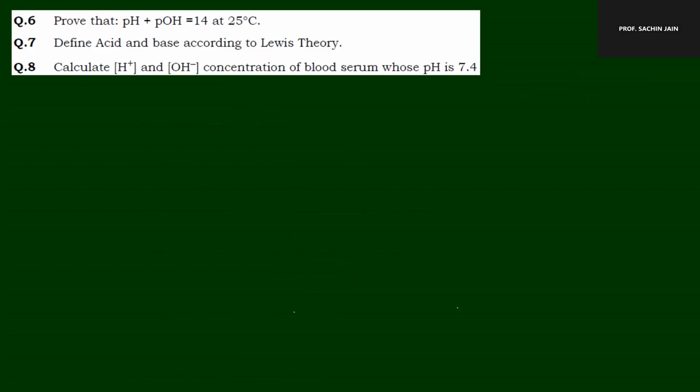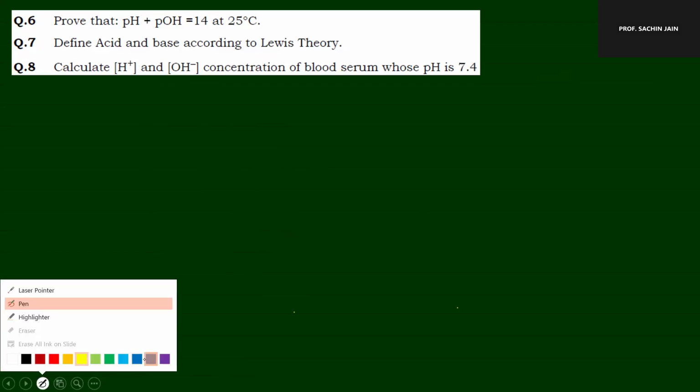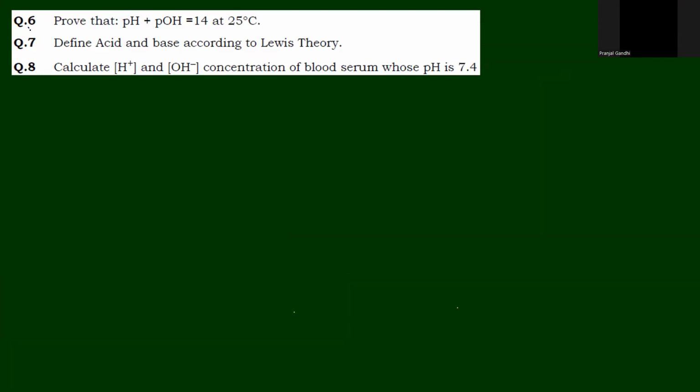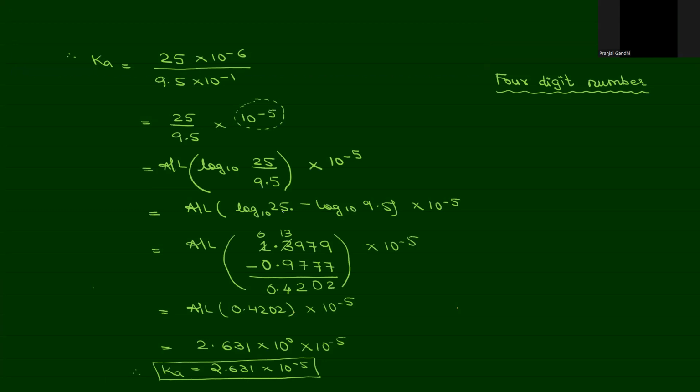Prove that pH plus pOH is equal to 14. Now this is a theory which you can refer from the synopsis. उसमें क्या लिखना है वो ऑलरेडी synopsis में दिया हुआ है, so you can just refer that. Sir, in the previous calculation, can't we divide 25 by 95 and then get the answer?